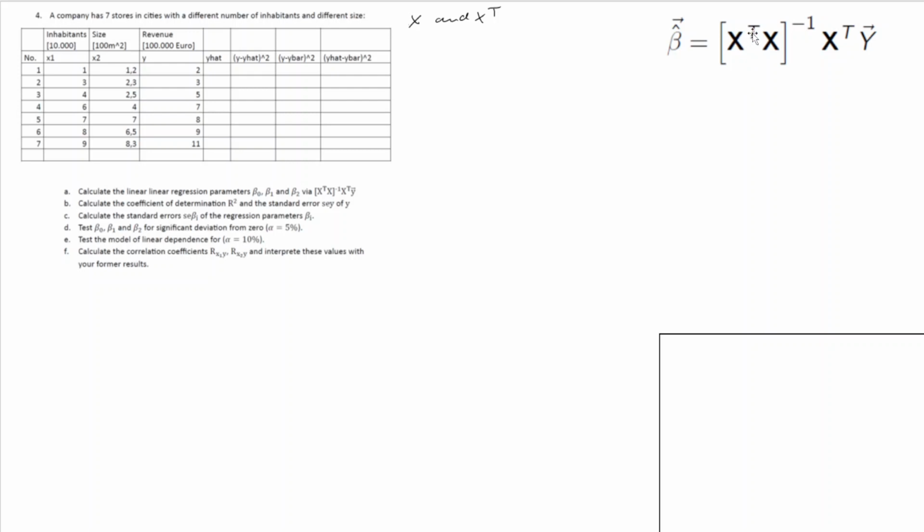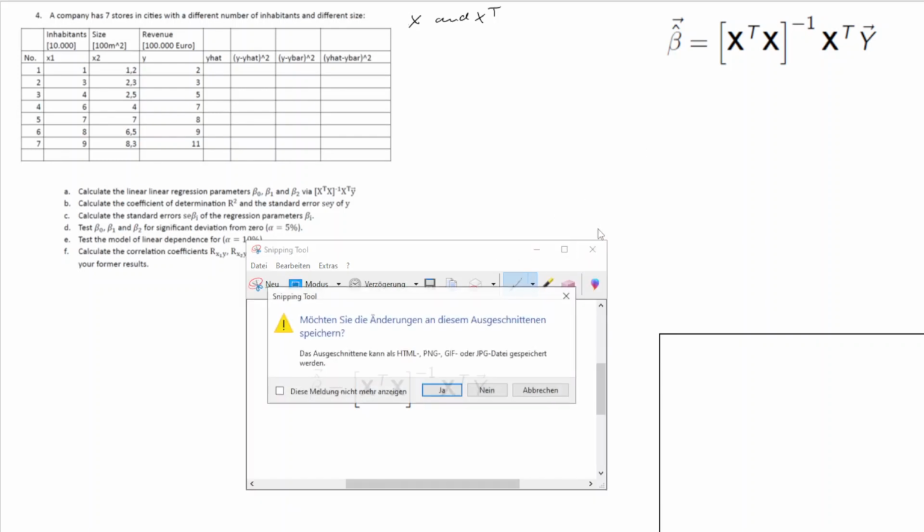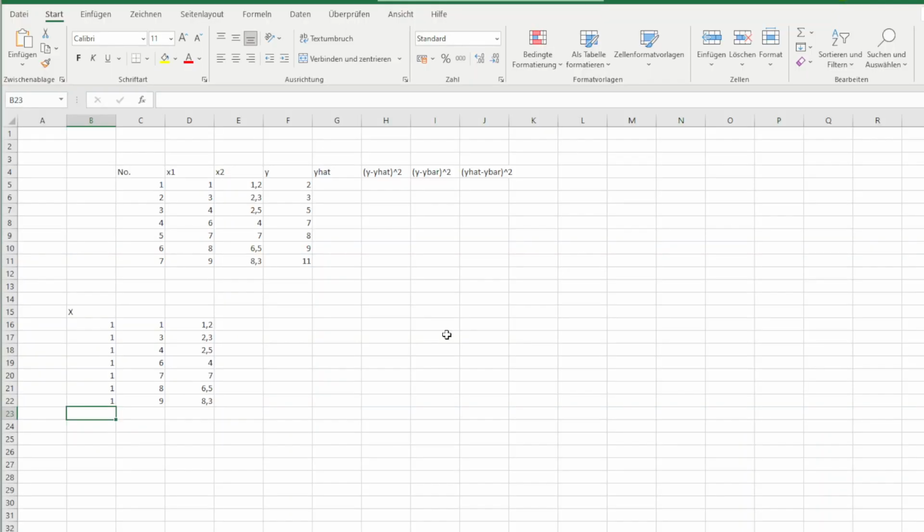So xt times x. This would be then the first step. Let's go back in here. Since we have x, now we need xt.